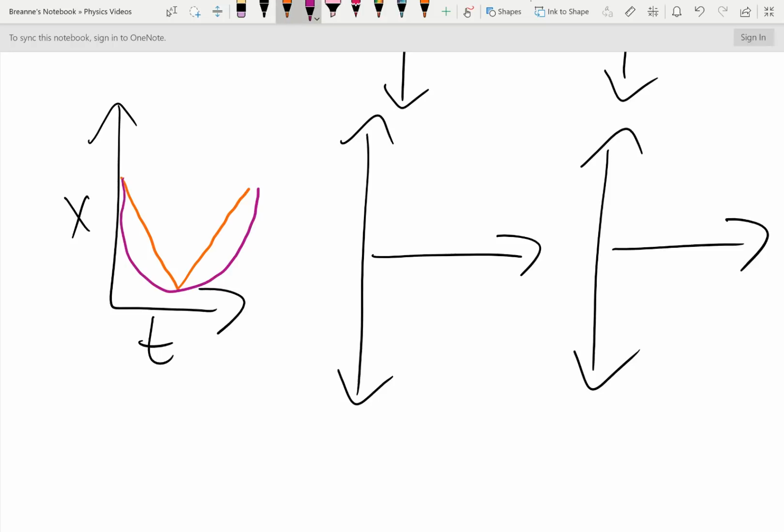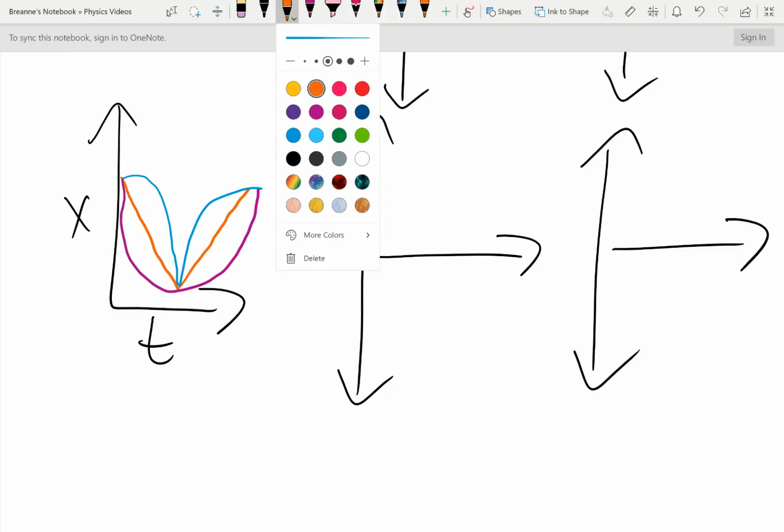Or you could have had something like that. This one was so vague, there's all kinds of different ones that could be happening.